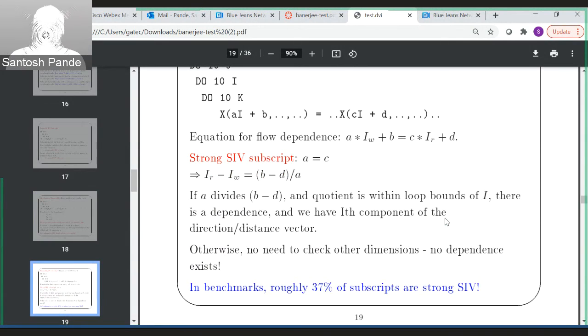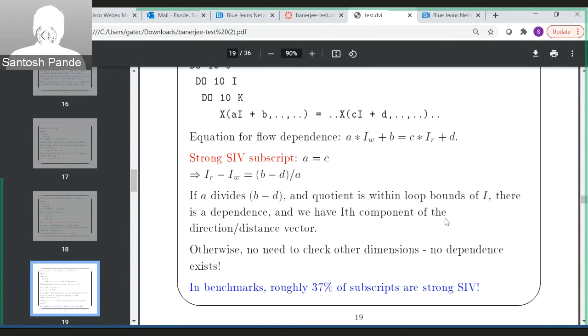So we will check whether (B minus D) divided by A is within the loop bounds for the ith dimension. That is, if I is going from L to U, then (B minus D) by A must be within U minus L. So that's the first test.